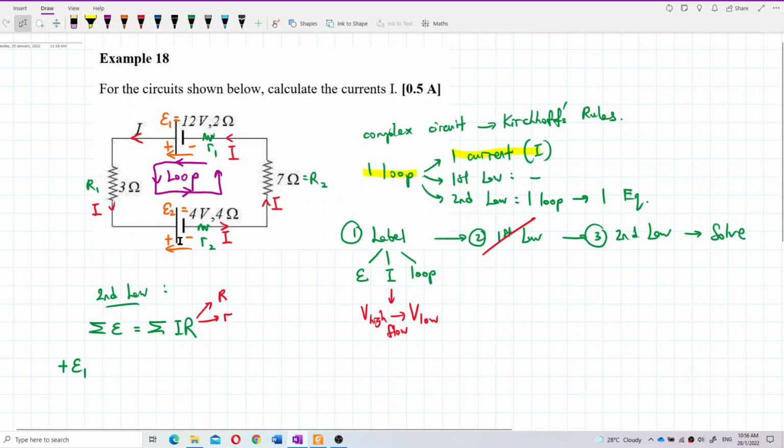Okay, and then how about EMF2? Look at EMF2. EMF2 is to the left, from negative to positive. But for the loop direction, look at the bottom one, not the top one.